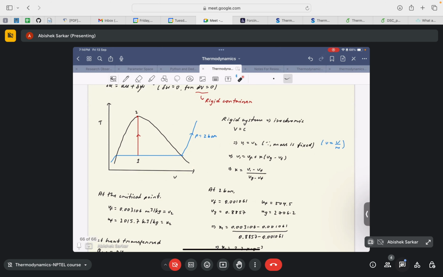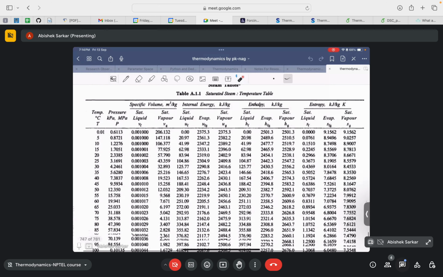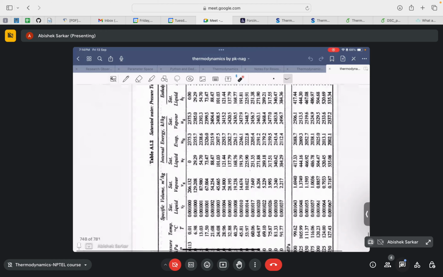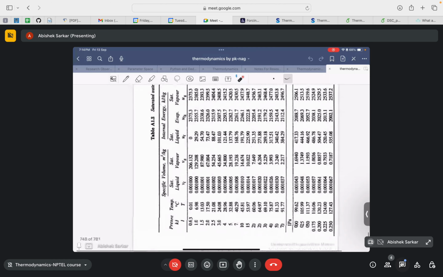So now let us go to the steam table, and v1 we will know because we know the volume of the mixture at a critical state. Let us go to the steam table to verify this. So at a critical state, I hope it is given here.